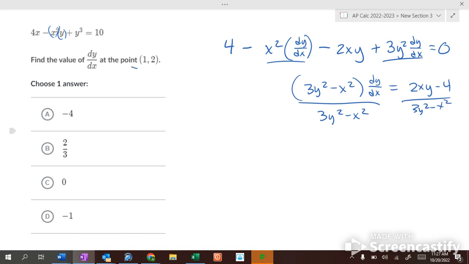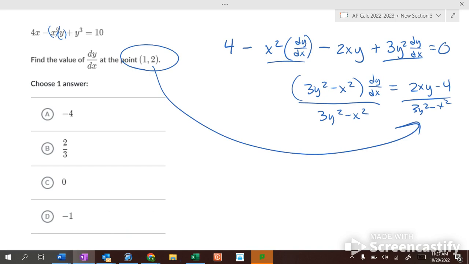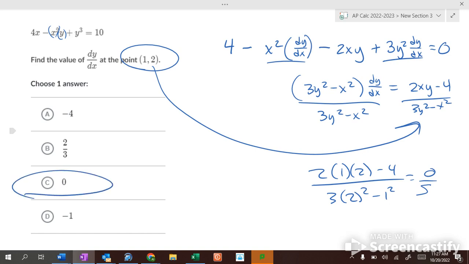Okay? And then we put the point (1, 2) in there. So 2 times 1 times 2 minus 4 over 3 times 2 squared minus 1 squared. Well, the top becomes 0, right? The bottom is 5, so it's 0.